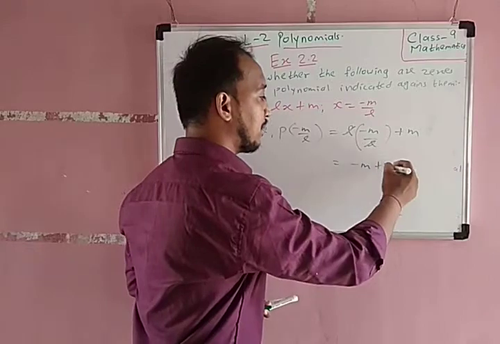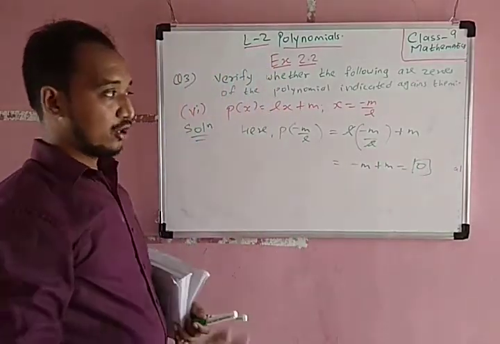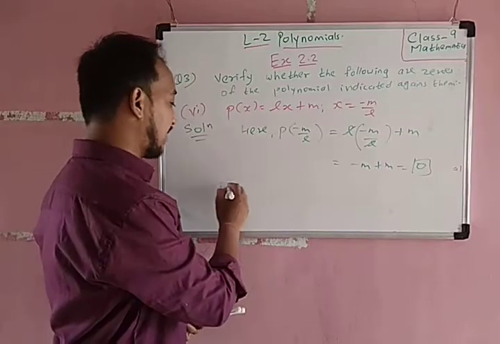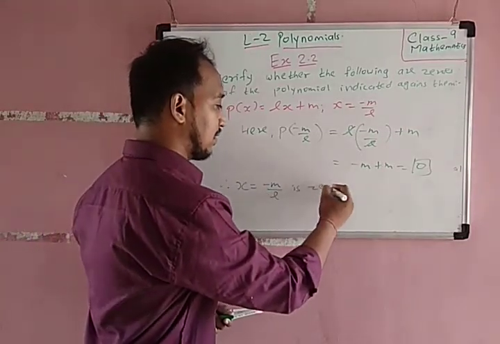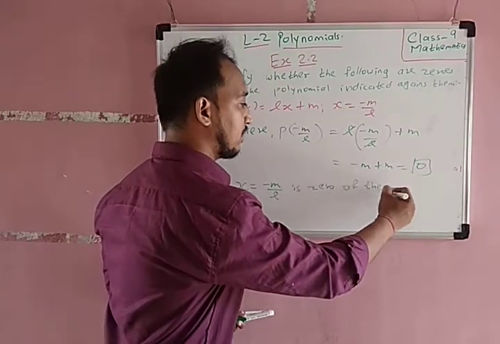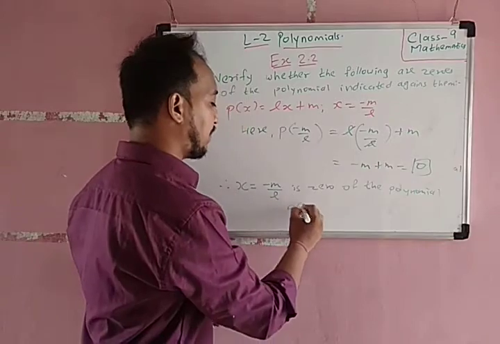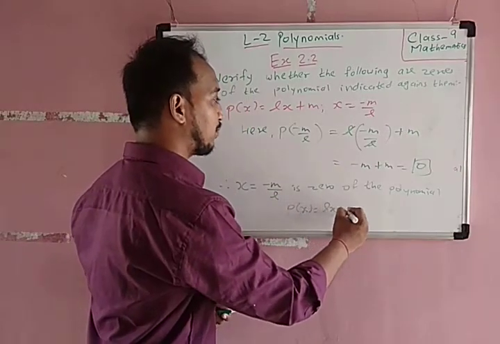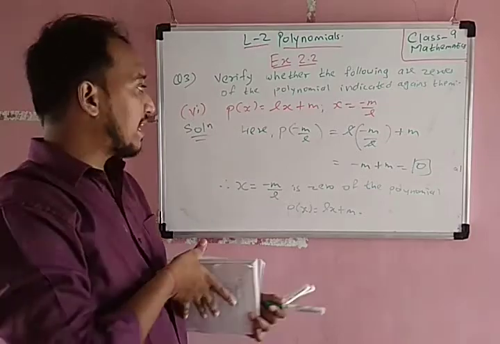Minus m plus m, which is nothing but again 0. So since it is 0, we can say that x equals minus m by L is a 0 of the polynomial. Which polynomial? p of x equals Lx plus m. Clear? Let us do the next sum.